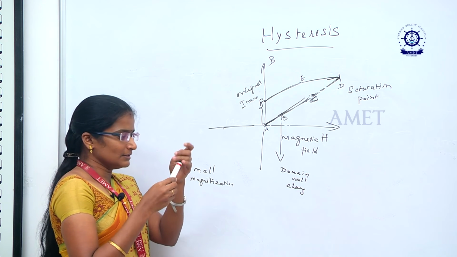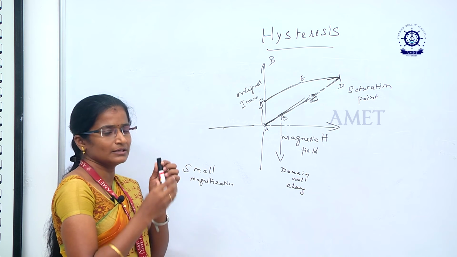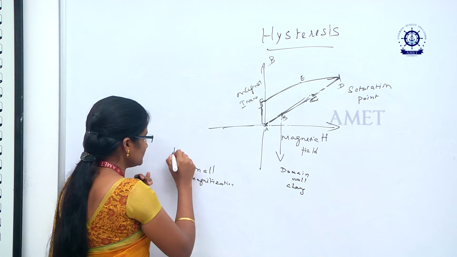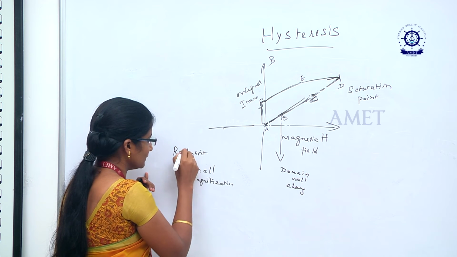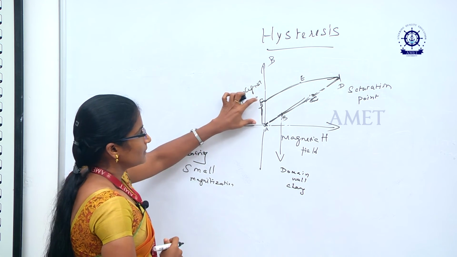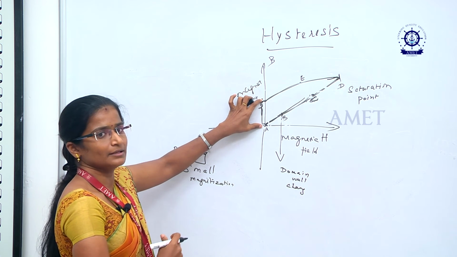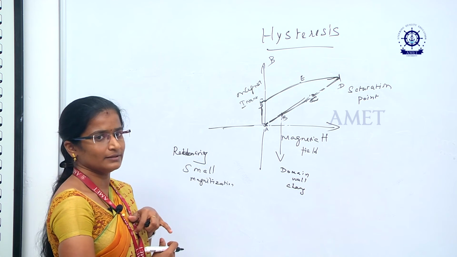This magnet is not fully converted into a normal material; it still has some magnetic property. This place is called retentivity. That means at zero magnetic field, it still has some magnetization. That place is called retentivity.